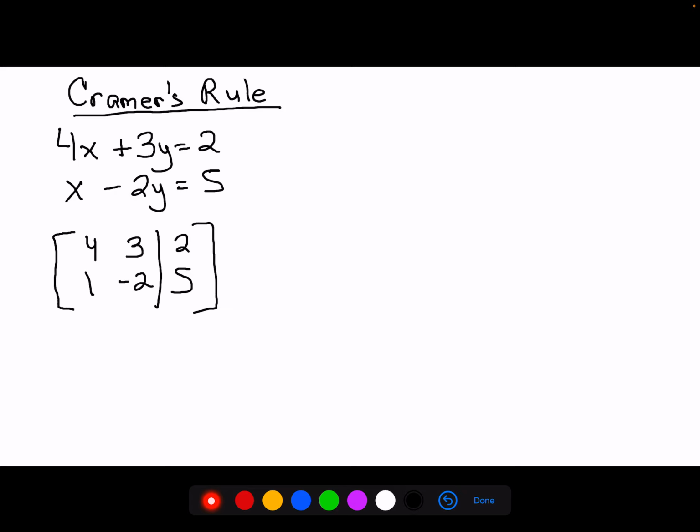You would set up something that looked like that, where you used your coefficients and your constants in the matrix, and then you would try to get that matrix down to having that diagonal of ones and then the zeros above and below the diagonal. But we're not going to do it that way right now. We're going to actually incorporate what we recently learned about determinants to help us with this matrix.